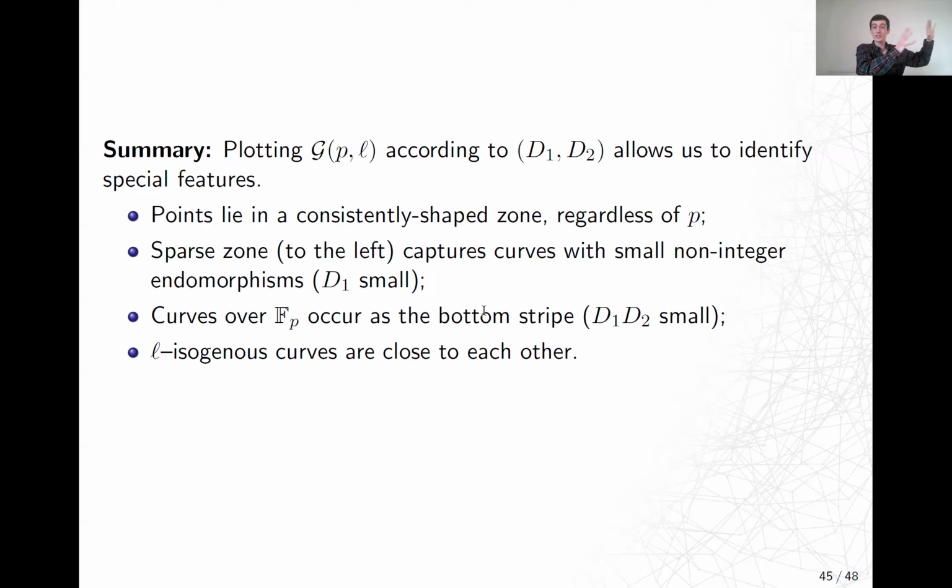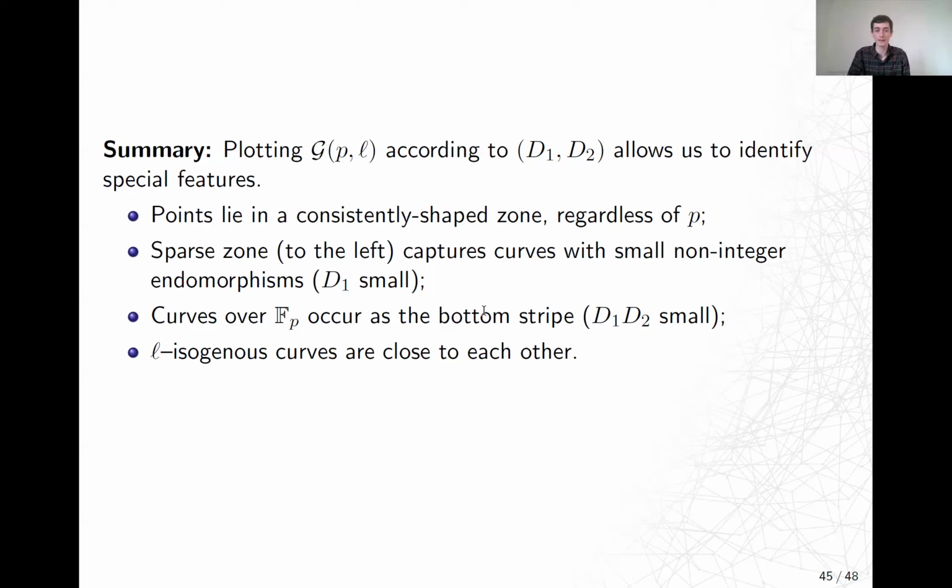There's this region to the left that captures curves with small non-integer endomorphisms, and that's just a disjoint union of volcanoes. Very easy to describe. We have this bottom stripe where D1 times D2 is as small as possible, and this is exactly the spine. So we can identify all these features, these curves with small non-integer endomorphisms, and the spine, within this successive minima space.